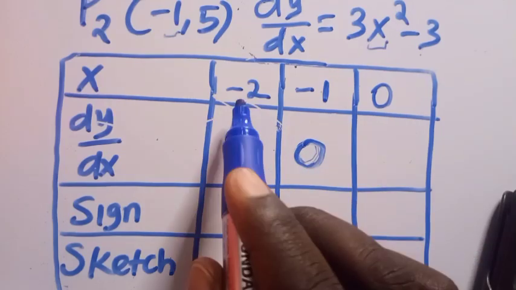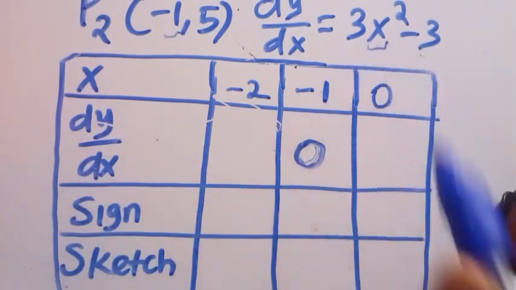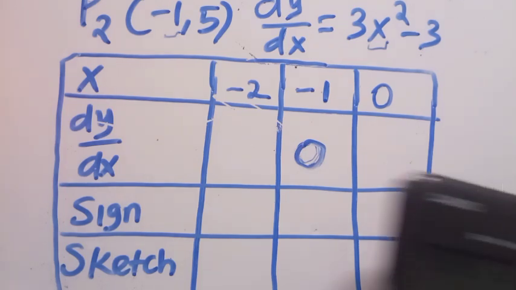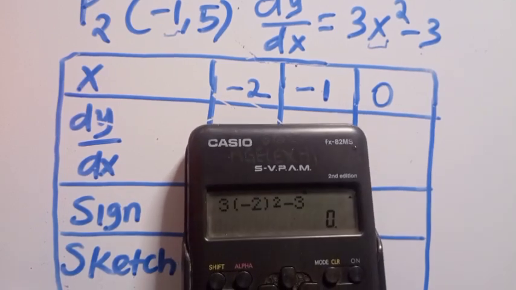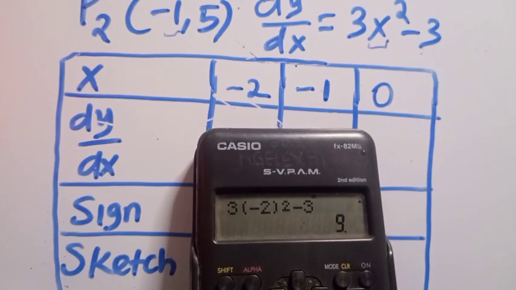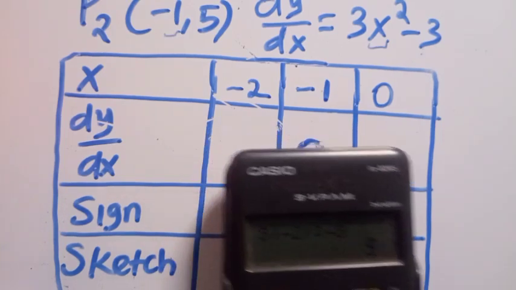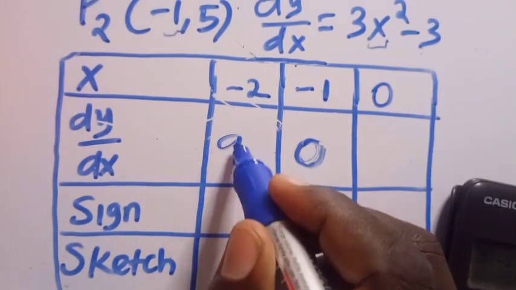Then, when x is -2, what is our dy over dx? We substitute it here also, so we have 3 into -2 squared minus 3. We shall have it as +9.